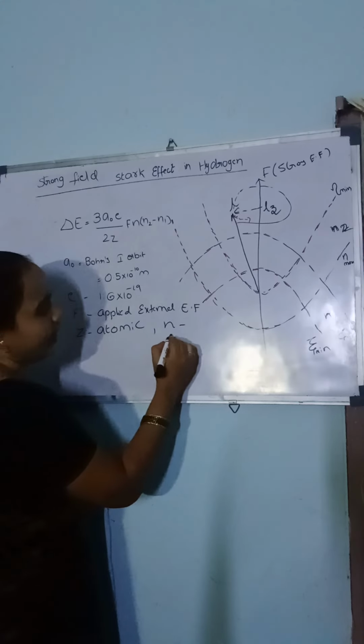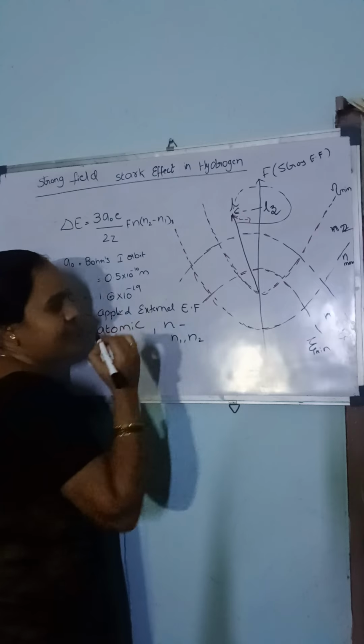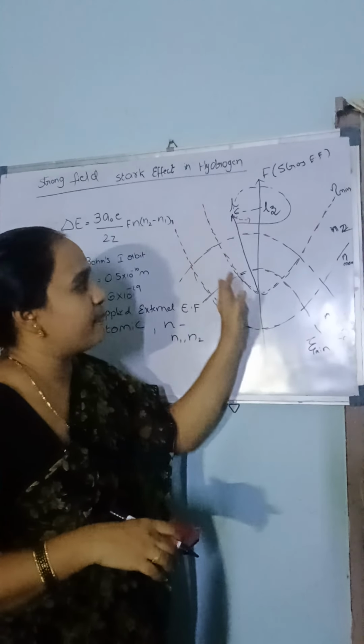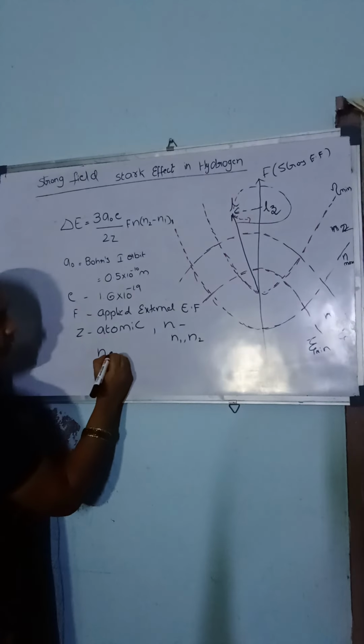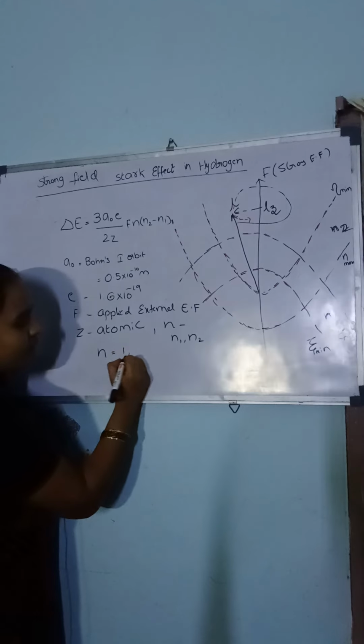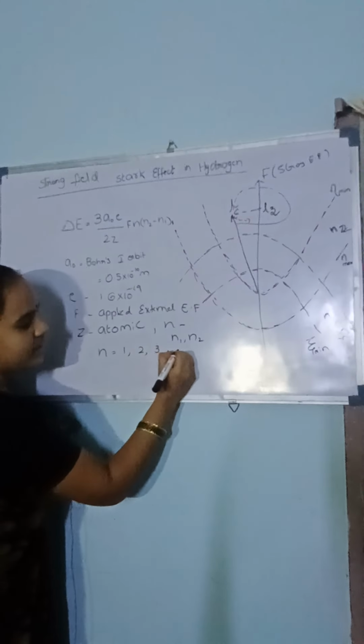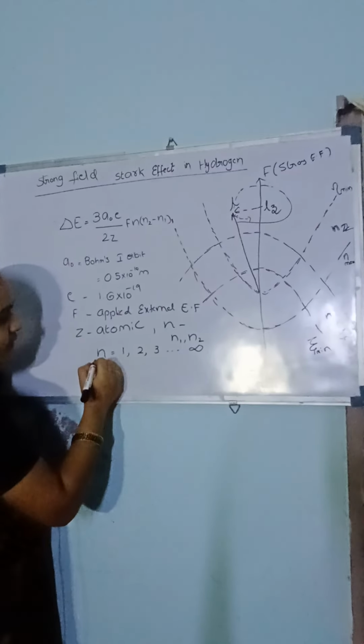Here n1 and n2 are the different elliptical or parabolic paths of this L vector. So here the possible n values are always 1, 2, 3 and so on to infinity.